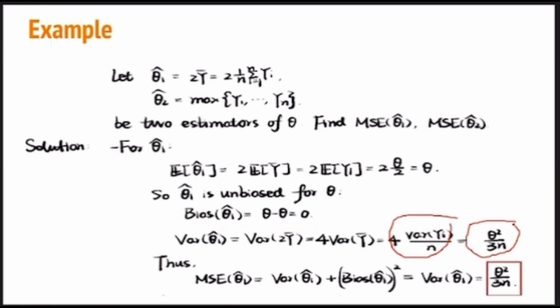Now, I want to find the mean square error. Of course, don't forget, according to the Rao-Blackwell theorem, the mean square error is equal to the variance plus the square of the bias.